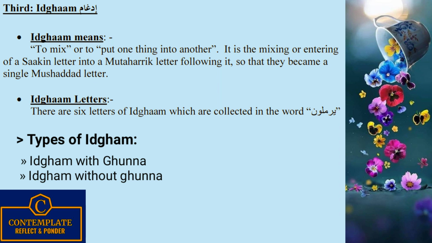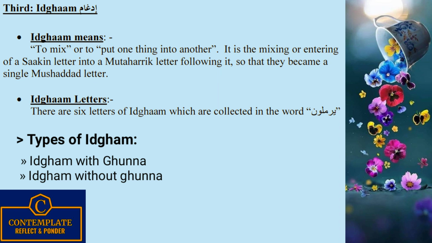So to make it easier for students to memorize quickly, the ulama made a mnemonic of these letters: letter ya, letter ra, letter mim, letter lam, letter waw, letter noon. All of these are included in this rule, and the mnemonic made by the ulama is called yarmalun. What is it called? Yarmalun.